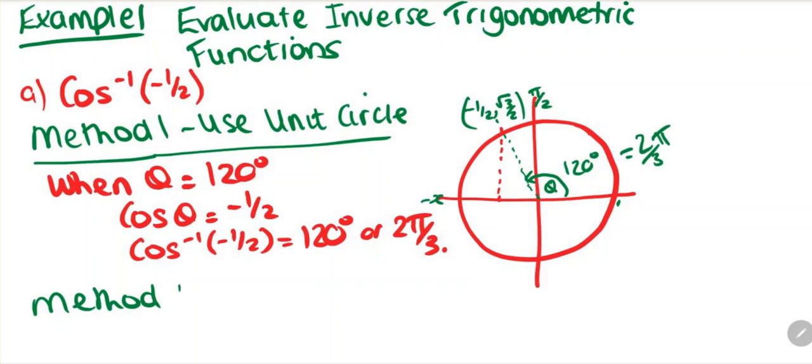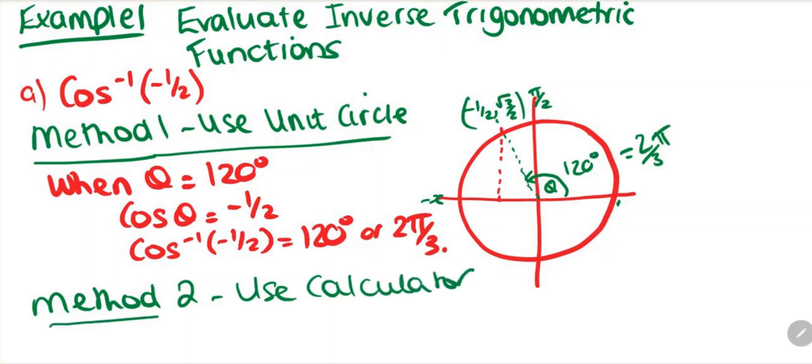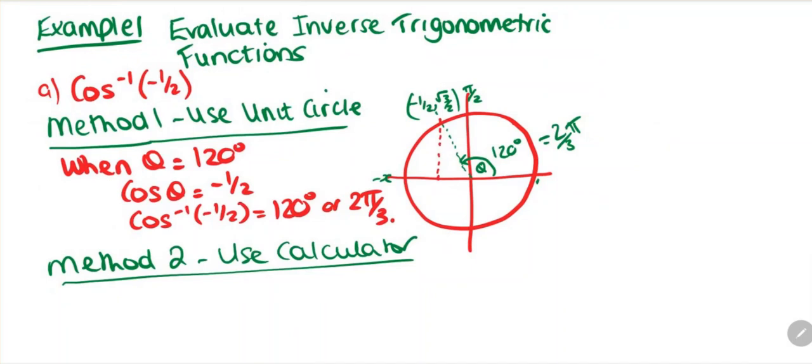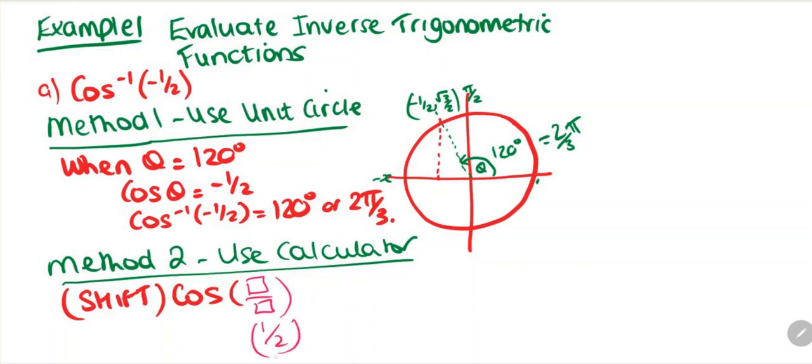So method 2 is using a calculator. So to use the calculator, we have to use the shift button, shift and cosine, and then in our brackets minus a half. So we can use the fraction button, and then we'll put in there a half.